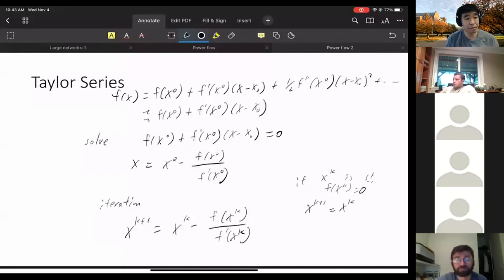And if you're getting close, f of xk is a small number, so you keep approaching the right solution. Any questions with this theory?